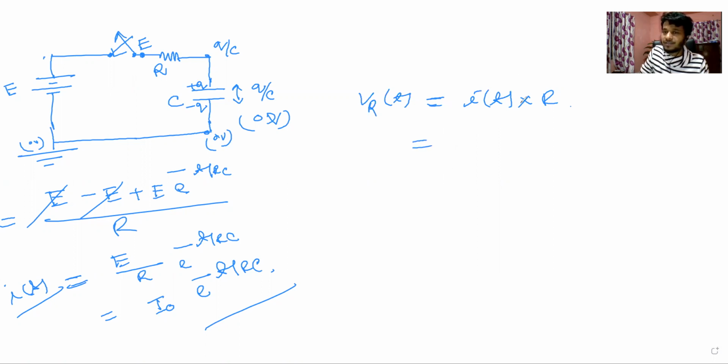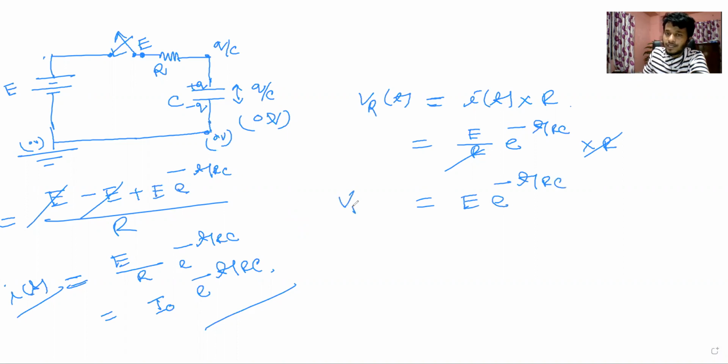Then what is the value of I of t? This is nothing but E over R e to the power minus t by RC, multiplied by R, isn't it? R and R will cancel each other, so this is E e to the power minus t by RC, VR of t, right? Yes, sir. Fine.